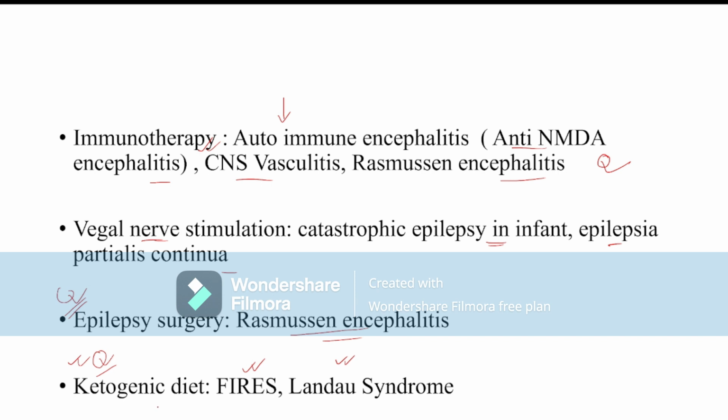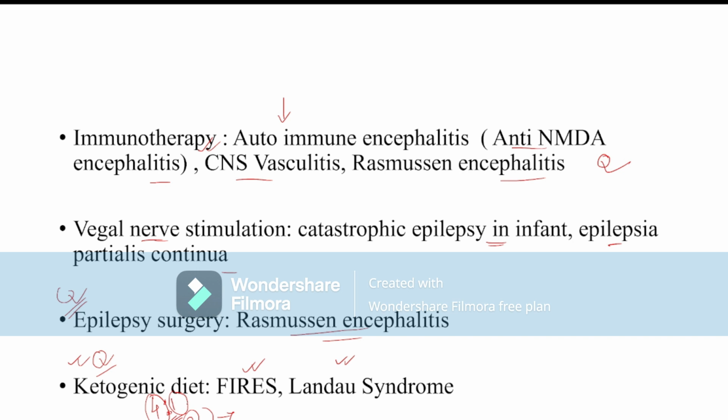What is the ketogenic diet? It is a diet in which we give a 4:1 ratio of fat to protein plus carbohydrate. It is given for the first 3 days, continued till the patient develops ketonuria.